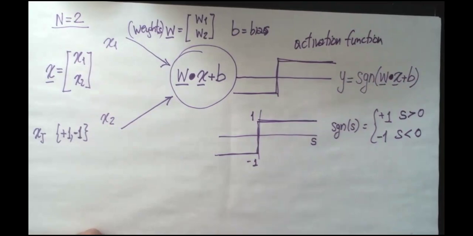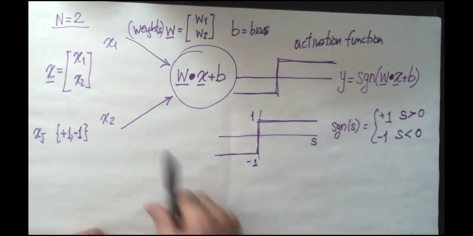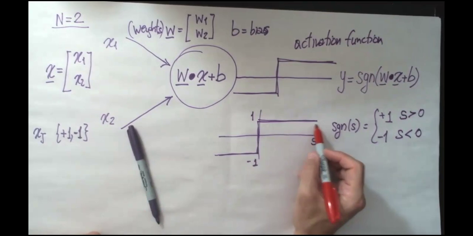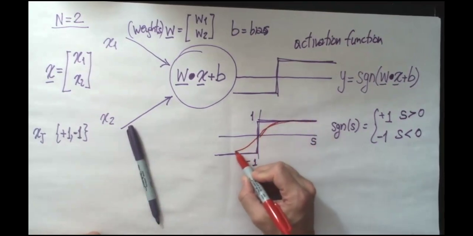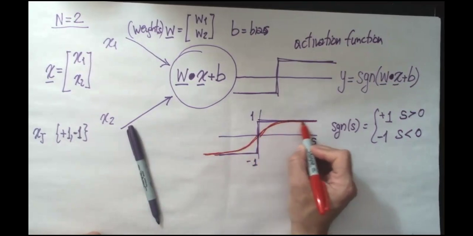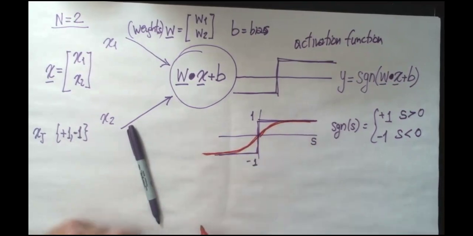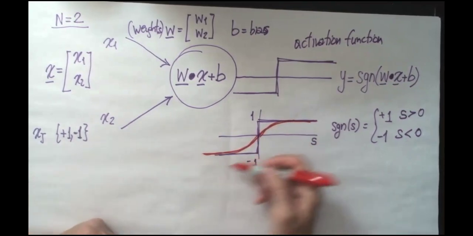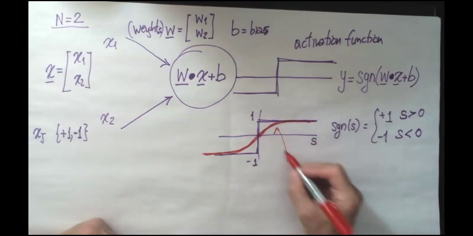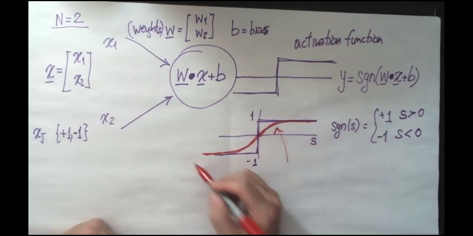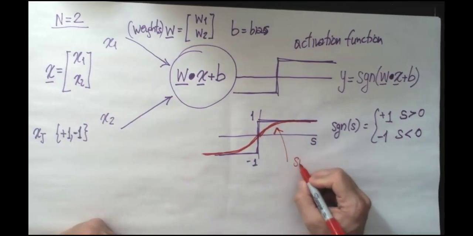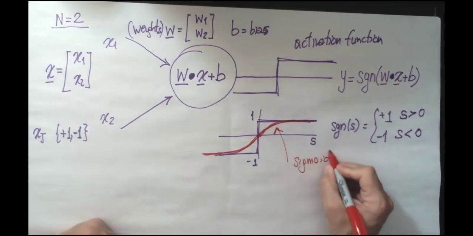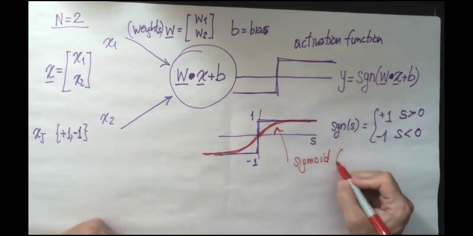Which, I mean, it can also be replaced in general by another type of activation function, call it sigmoids. This has a smoother behavior of the activation function, which is called the sigmoid function.